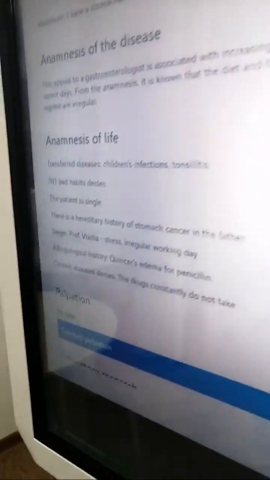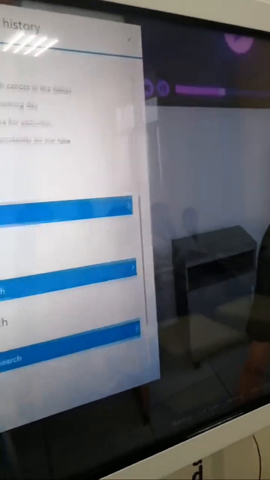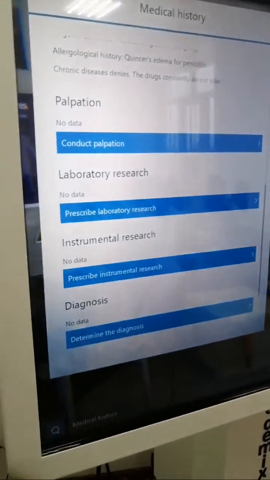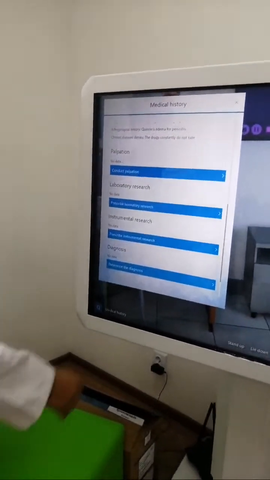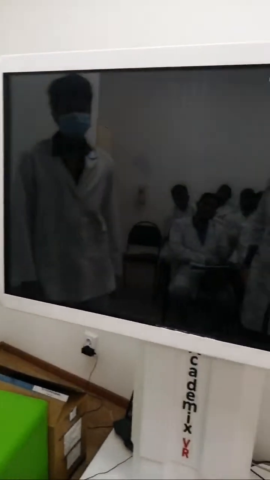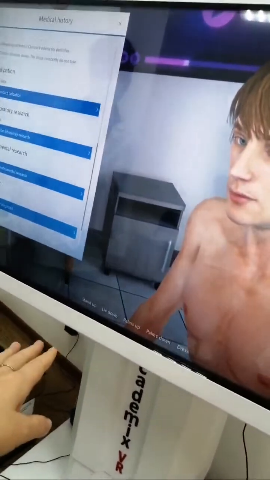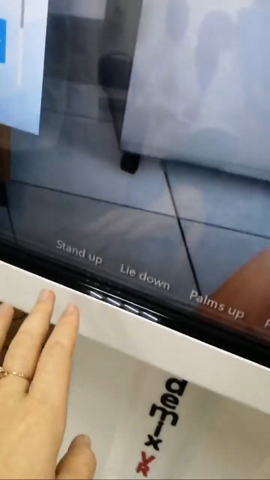And the next student, we need to take anamnesis. Okay, palpation. Coming for palpation, next student. Come. Okay, palpation. Okay, and this place, lie down.